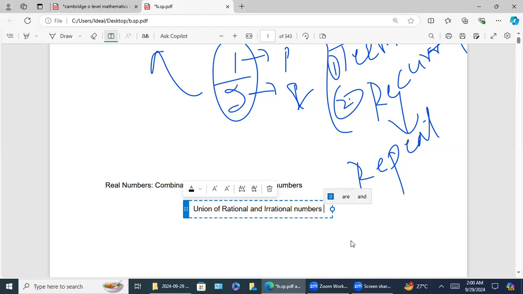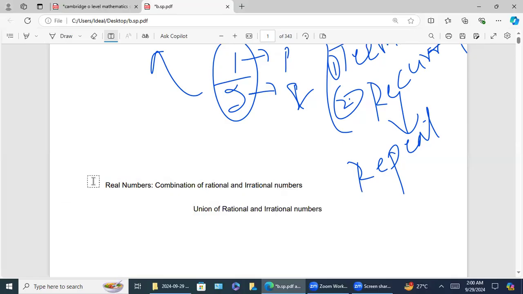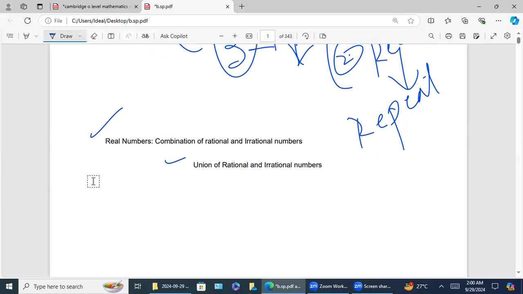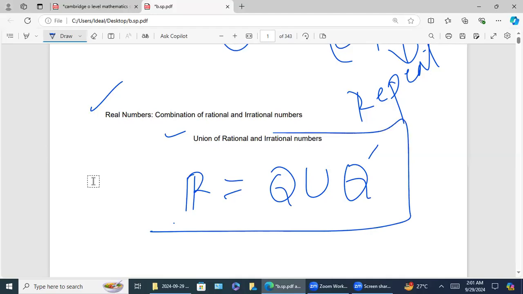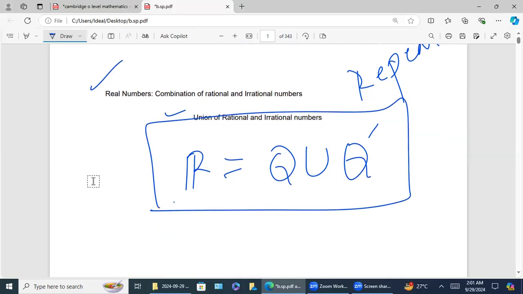Is it okay? There are two definitions. Number one is combination. Number two is union. Or we can say that we can denote the real numbers by capital R, which is equal to the combination or union of rational and irrational numbers. This is actually a real number. Okay, good. Note it down.